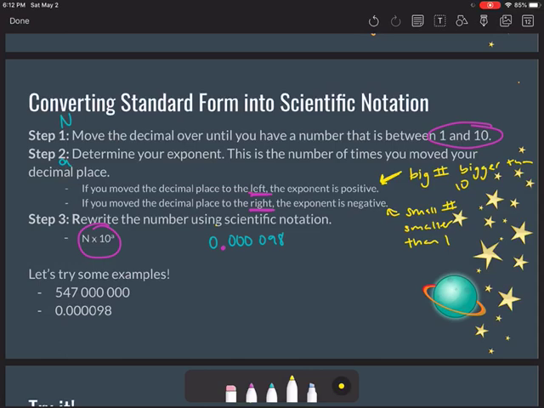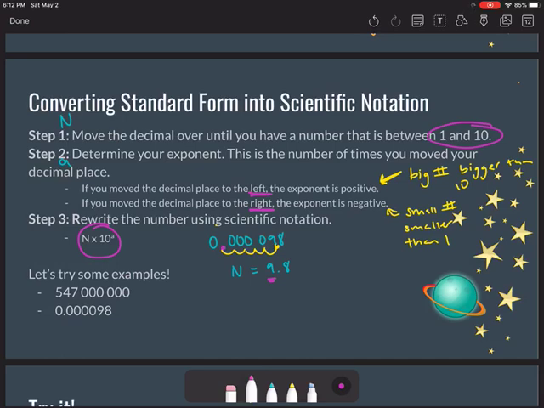Essentially, we only have one value that is not a 0 to the left of our decimal place. So I'm going to move it over to the right. 1, 2, 3, 4, 5. And I will end up with 9.8. So my n value is going to be 9.8, because again, we only have one number that is not 0 to the left of my new location of my decimal place.